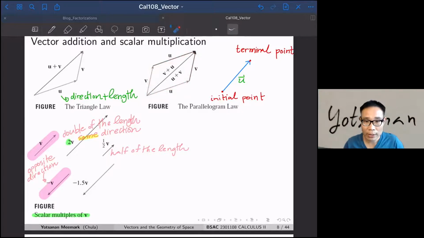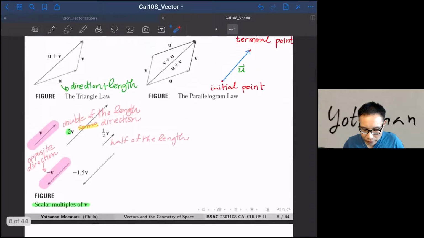The diagonal from the initial point turns out to be the vector u plus v, and u plus v is equal to v plus u.